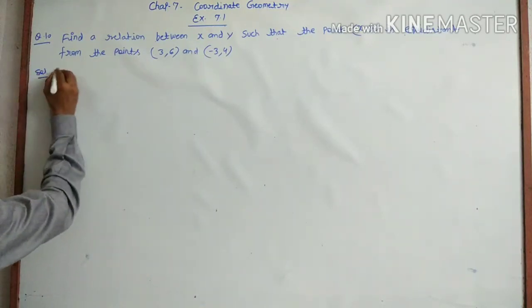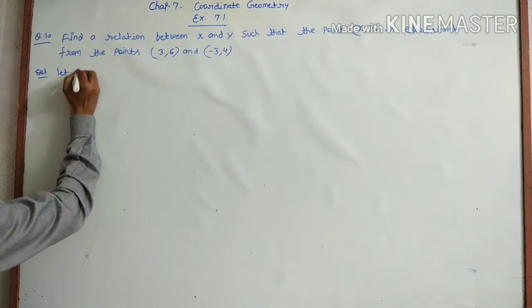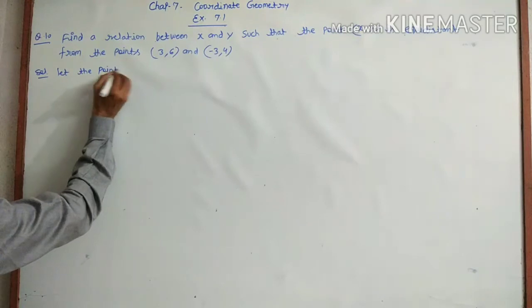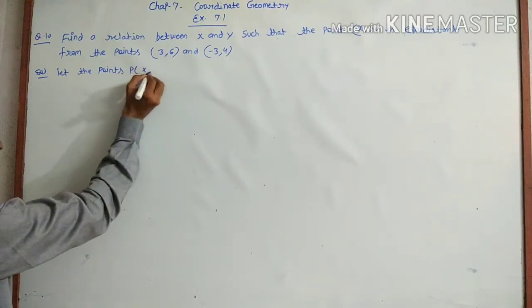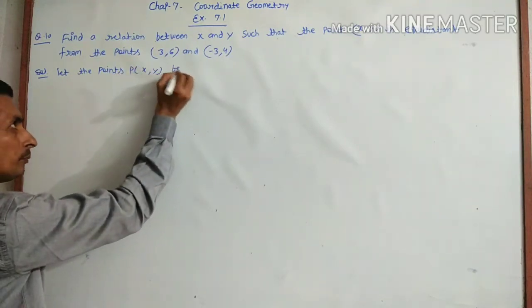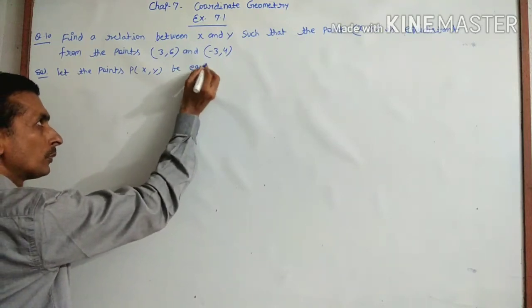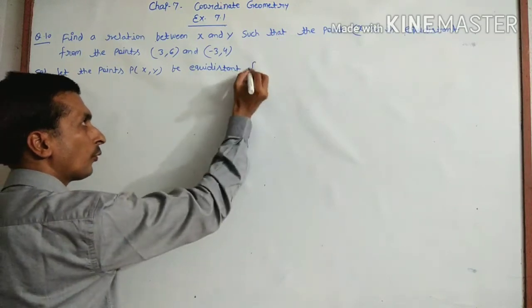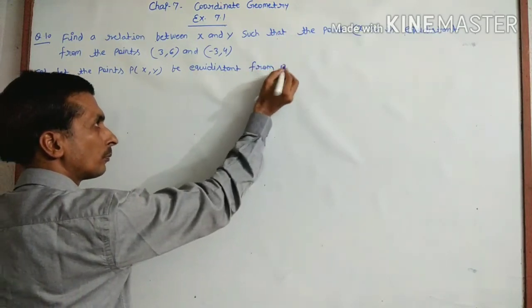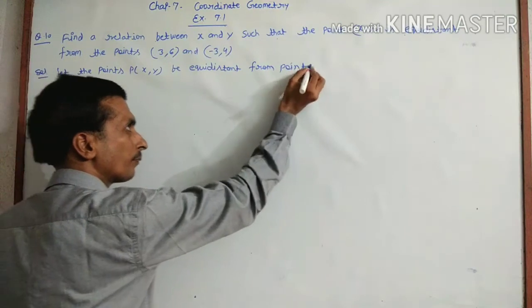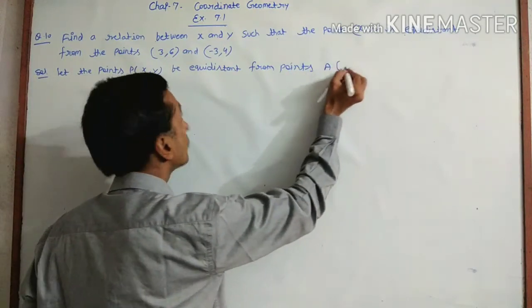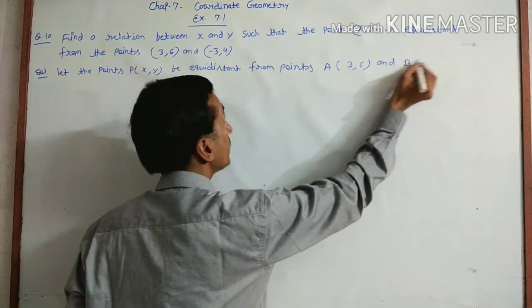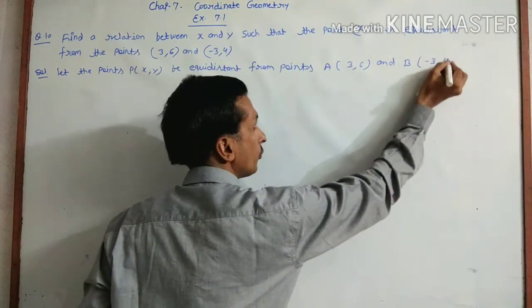Solution. Let the point P x, y be equidistant from points A 3, 6 and B minus 3, 4.